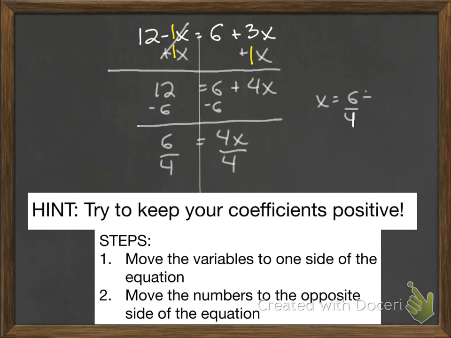And the answer is no, because you are always, always, always required to reduce fractions wherever possible. So my final answer here is x equals 3/2. And again, just as always, you can put that back into your equation and check your answer and prove to yourself that this is the correct answer.